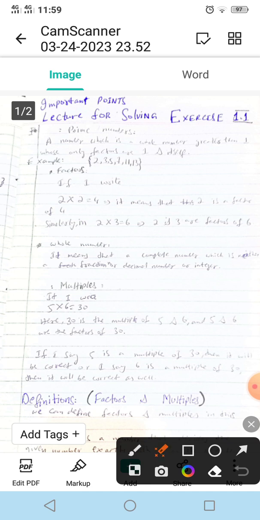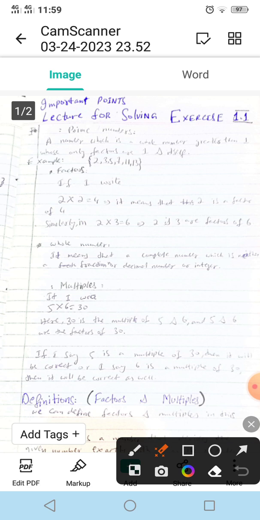Today we are going to study important points about solving exercise 1.1. Previously I have taught you the 3 forms of set.